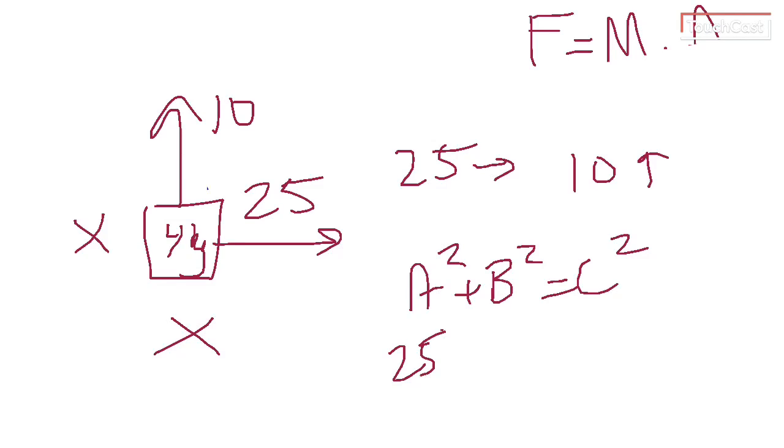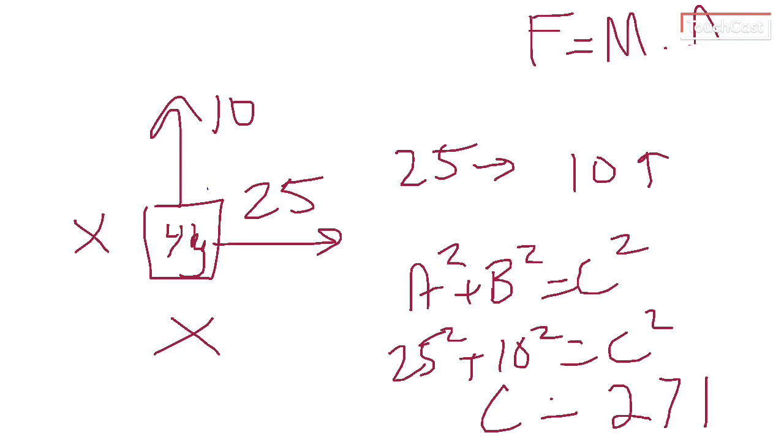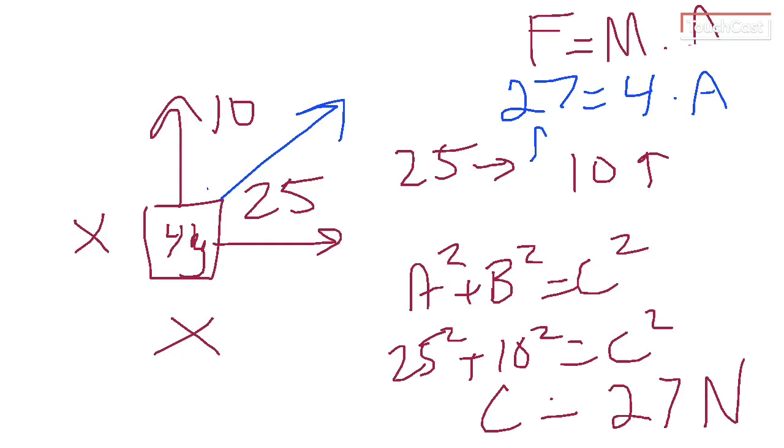So we have 25 squared plus 10 squared equals c squared, and if we solve for c, c equals 27 newtons. So our actual net force is 27 newtons at an angle, right? With that being the case, now we can do 27 equals 4 times a. And so our acceleration equals 6.75 meters per second squared.